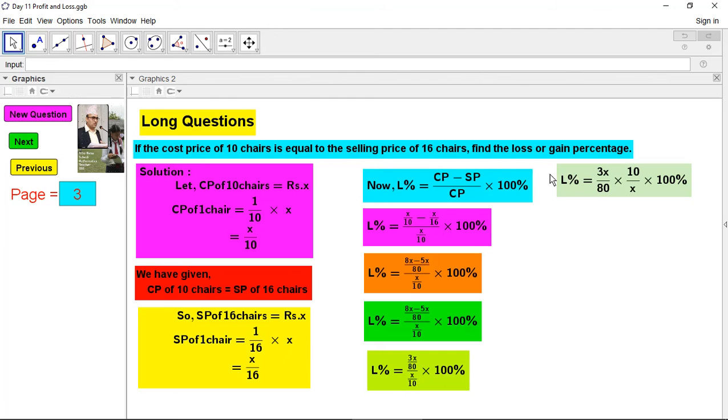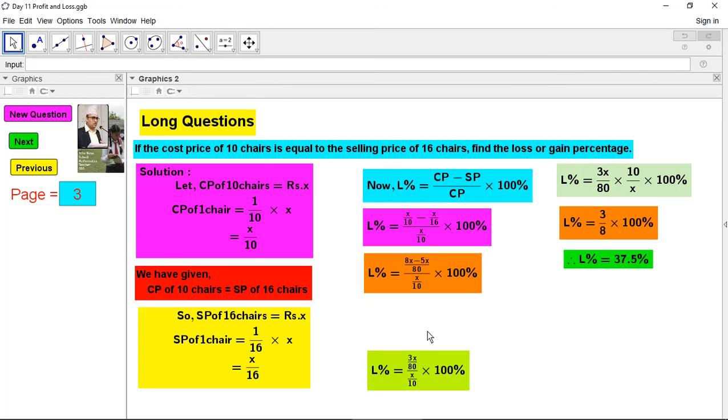And 3x by 80, and x goes up, denominator goes up, numerator goes down, by division changes into multiplication, so 10 by x into 100%. Now the next step is, loss percent equals 3 by 8 into 100%, 0 cancels, x cancels. And the next step is 37.5%.